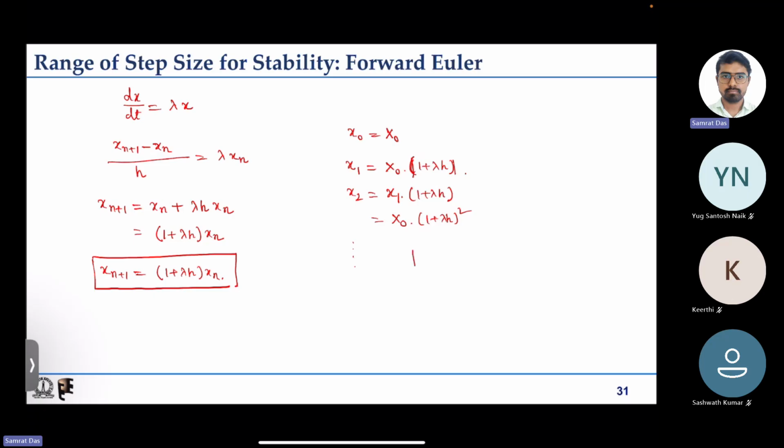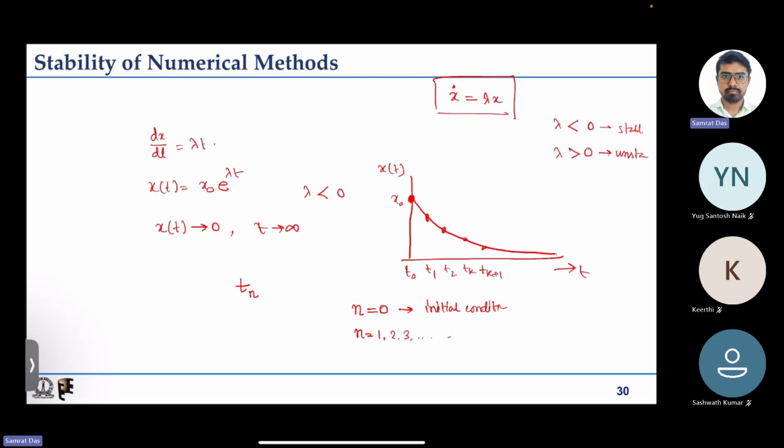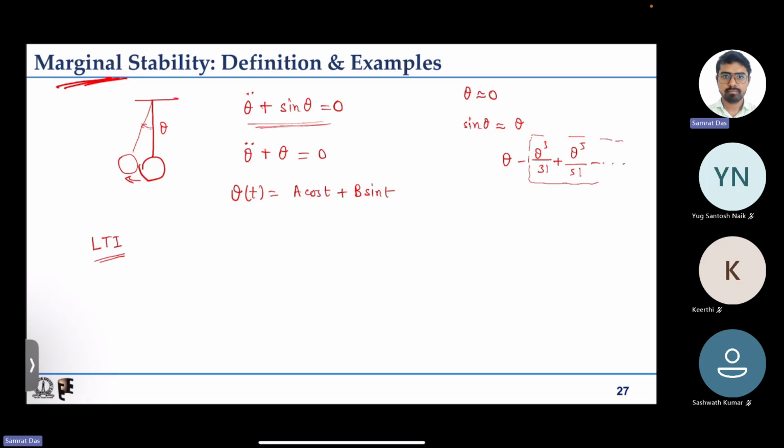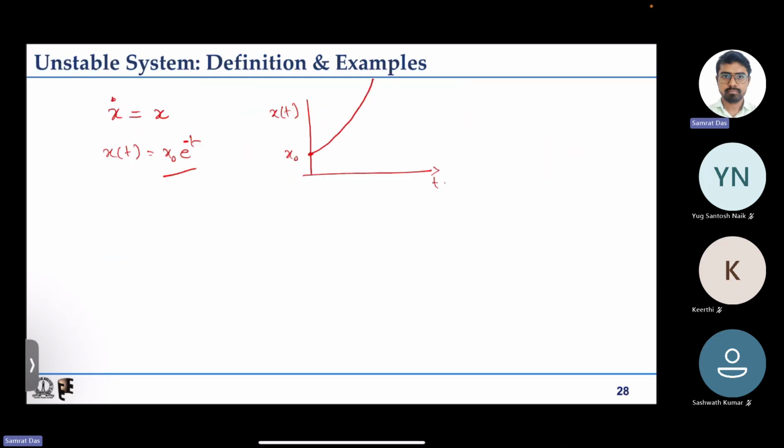I am taking the modulus because for certain cases the lambda could be complex as well, for example if you have exponentially decaying but sinusoidally varying things, like if you have damping in your marginally stable system, then additionally you will have some e to the power lambda t, which can be expressed as an exponential of some real term and imaginary term.